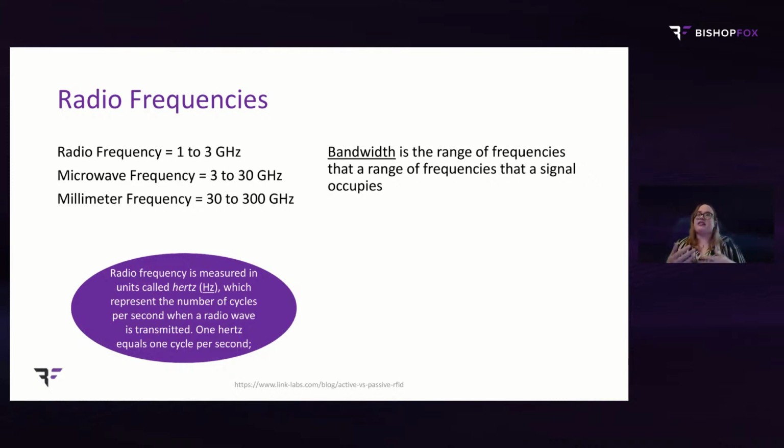This is because a lot of the things that we interact with fall within these bands, and it's just easier to name it as RF for this presentation. So radio frequencies are measured in units called hertz, which is the number of cycles per second. So again, when we have more cycles per second, the more hertz we have. And then bandwidth is the range of frequencies that a signal occupies.